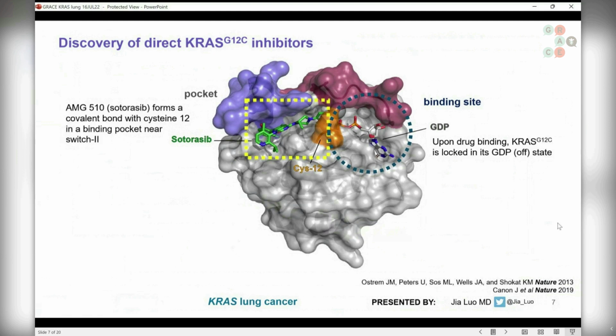And they were also able to develop a medicine called sotorasib that can actually covalently bind, so just lock the entire KRAS protein itself in this off state so that it's no longer turning on. And sotorasib specifically binds to the KRAS G12C mutant form of the protein, turning the entire protein off and preventing the cells from growing and dividing.